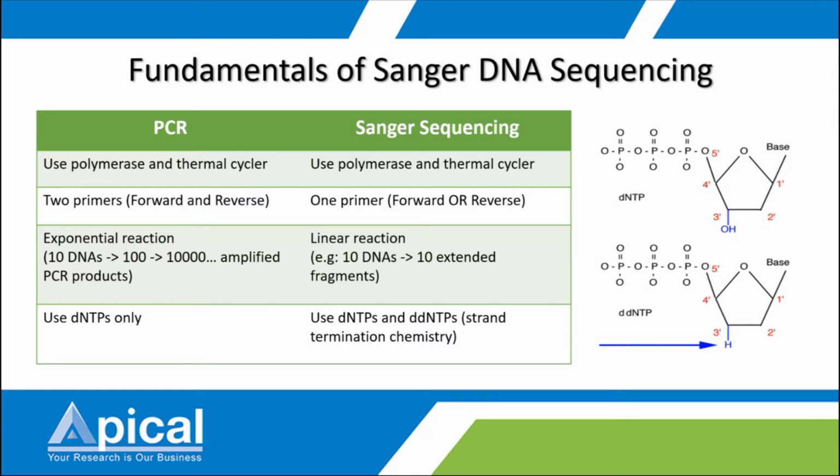One more thing is that in sequencing, because we are using one primer, the efficiency of the primer is very important. Sometimes you find that your primer can give you a PCR product, but why doesn't it give you any sequencing result, or it gives you a very short result?